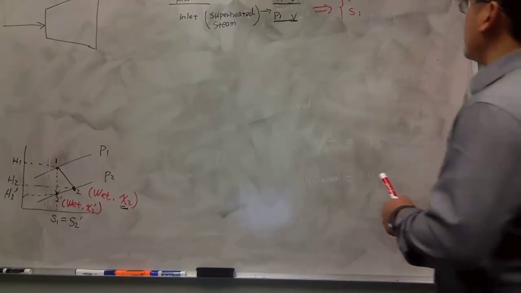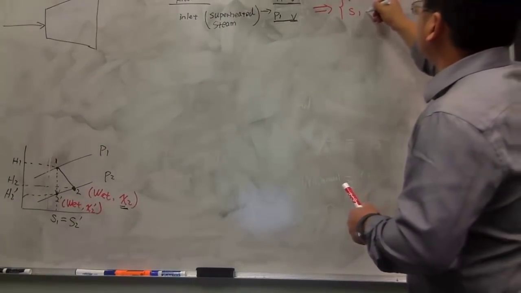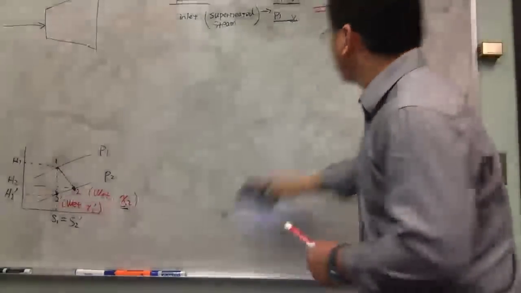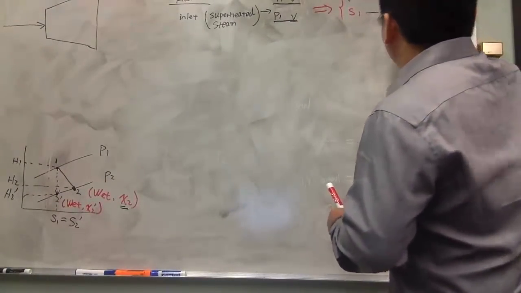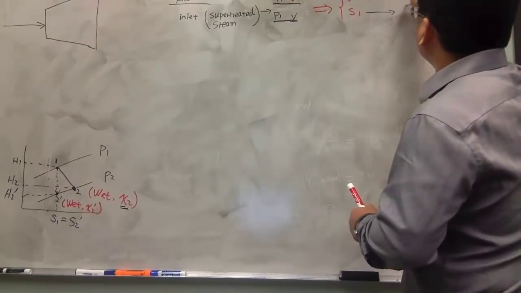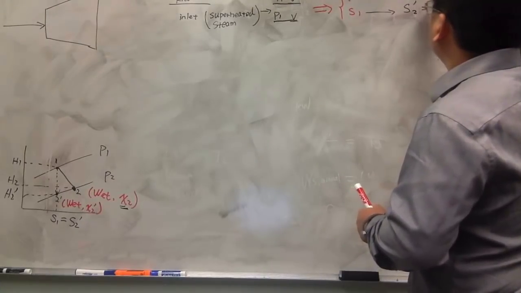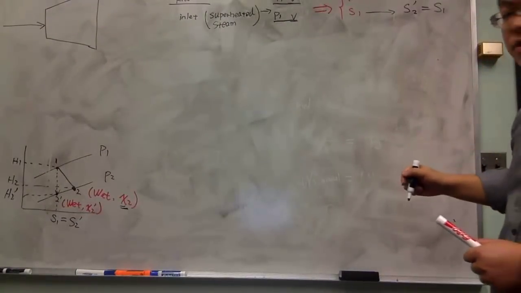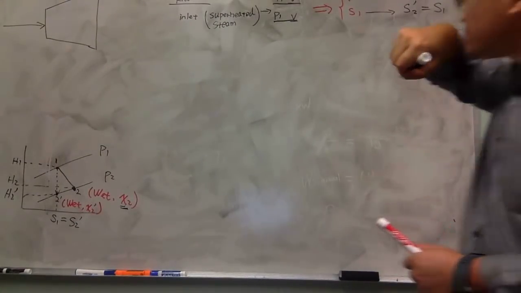Now, following this process, using S1, I'm going to have S2 prime, same as S1. This is from this isentropic process.